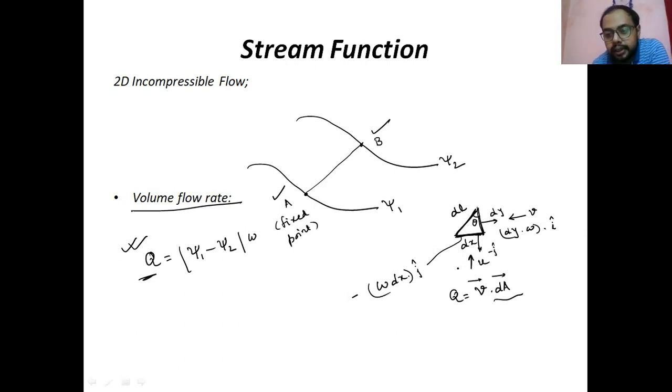So the total flow rate about this small elemental area, if you consider small dq, is nothing but the velocity v into I, minus v into I. If you magnify this element and give it names, A, B, and C, then AB is dl, AC is dy, and BC is dx.